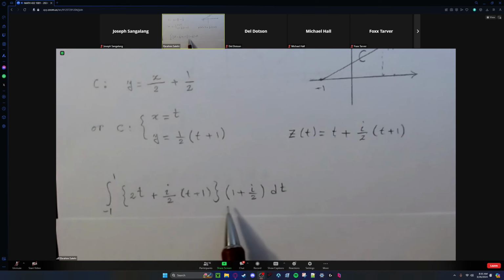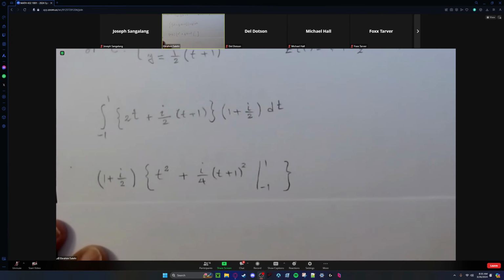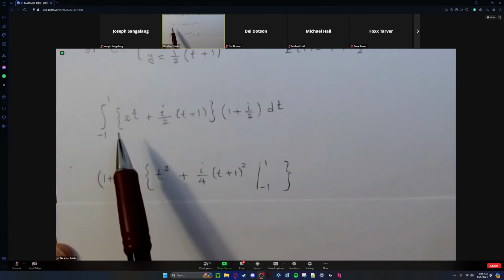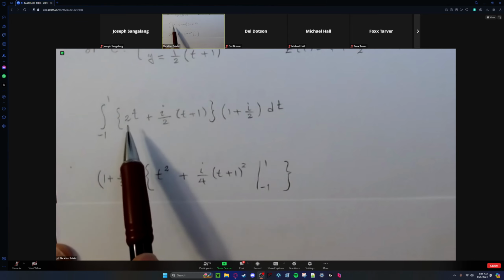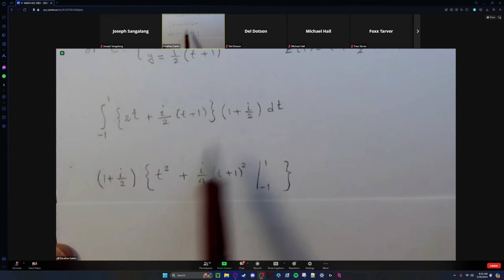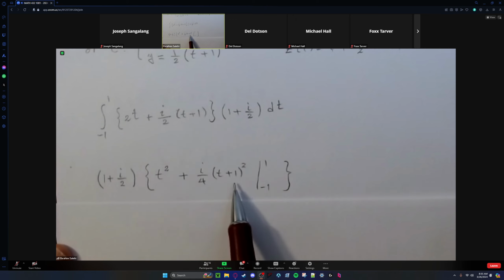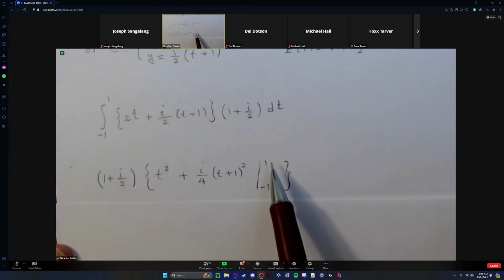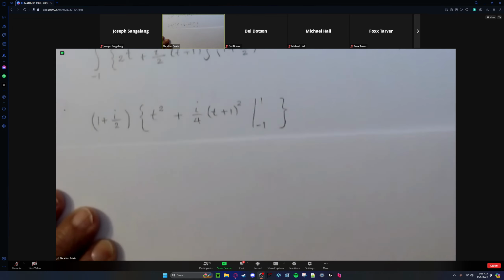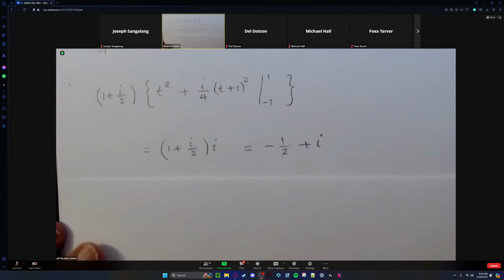Then it is just a matter of integrating this. This is the constant. We can pull it out. And then just integrate this one. Integral of 2t with respect to t is t squared. Integral of this one is right here. When t goes from -1 to 1, you evaluate, all right? And this is what you get. That's it.